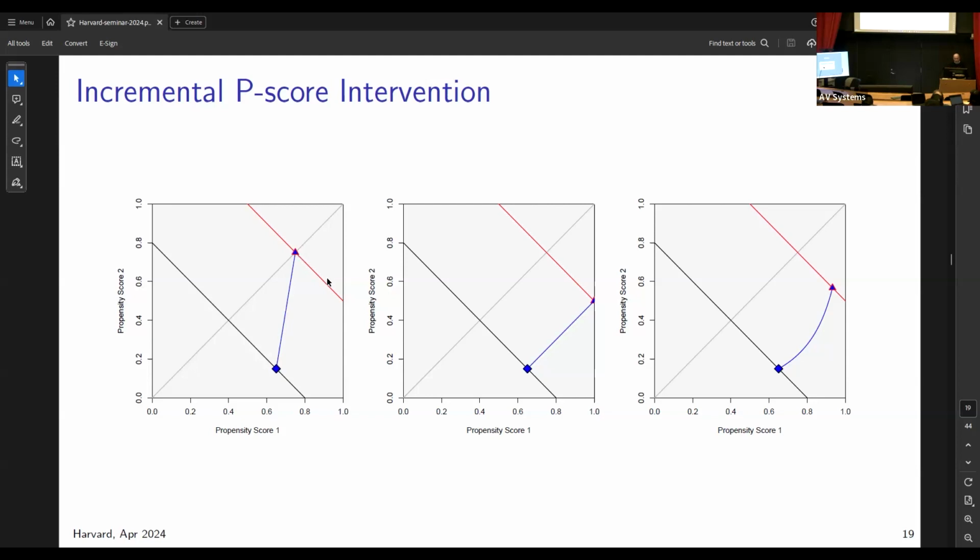Instead, we might want to be somewhere down here in this region where the ordering between the individuals stays the same. If in the factual world I'm more likely to get vaccinated than Mark, then in the counterfactual world I'm still more likely to get vaccinated than Marcus. One idea would be to pick the closest place on the red line to the factual world, although then it's unclear where you might map some of the other pairs of points.